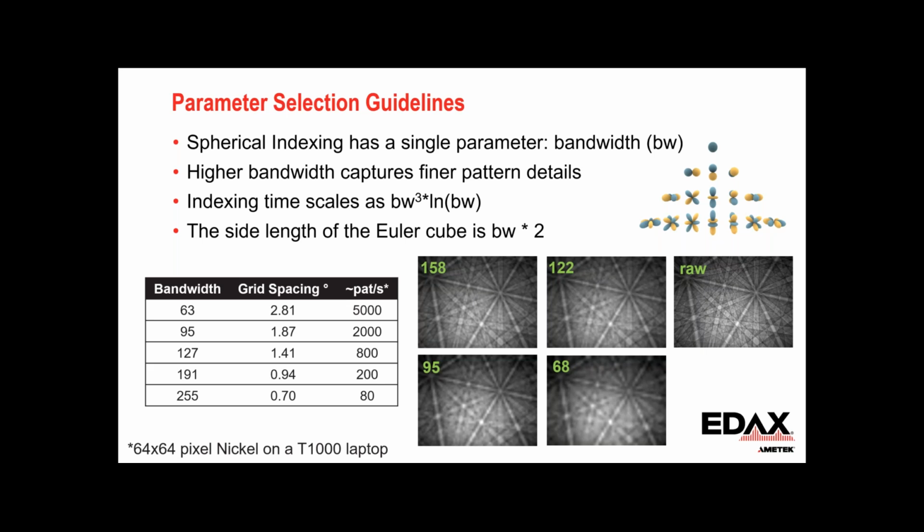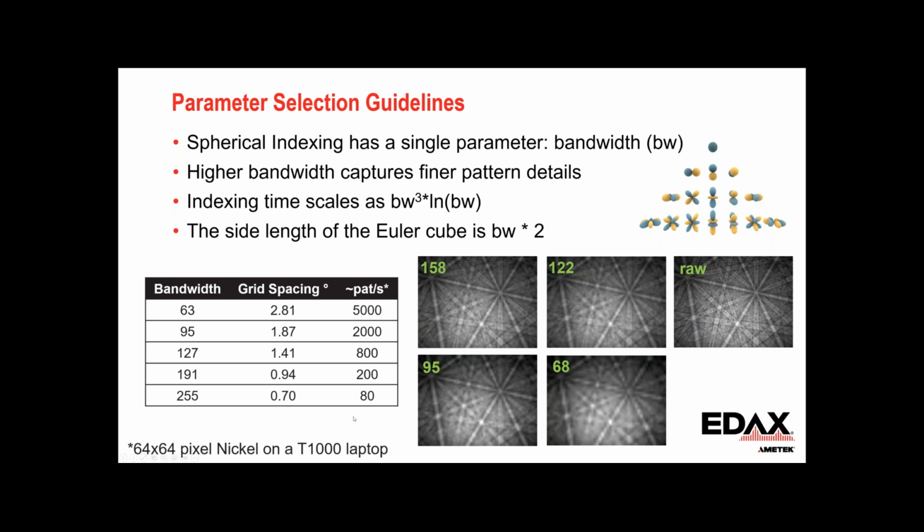Practically, below around the 40 to 50 bandwidth, you don't have enough resolution to index successfully. And once you get to 250 or 300, you start running into slow pattern speed, and eventually there's not really a significant improvement to the index and result anyway.